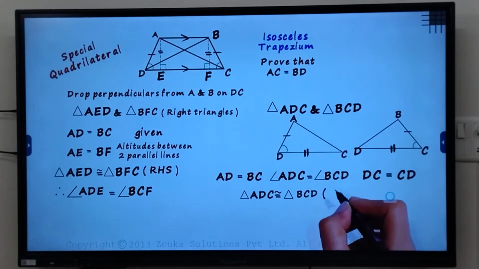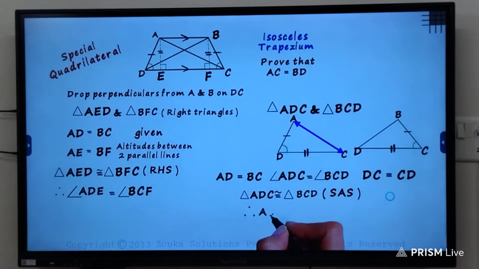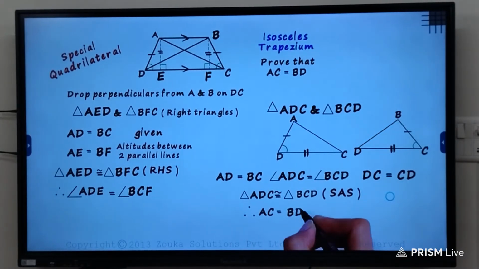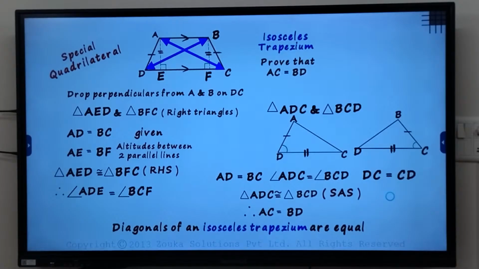We use the SAS or side angle side condition to prove it. We can say that AC is equal to BD as they are corresponding sides of congruent triangles. We have proved what we were asked to. What exactly did we prove? We proved that diagonals of an isosceles trapezium are equal.